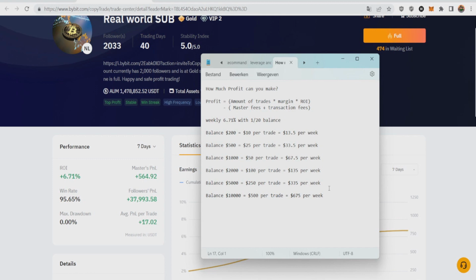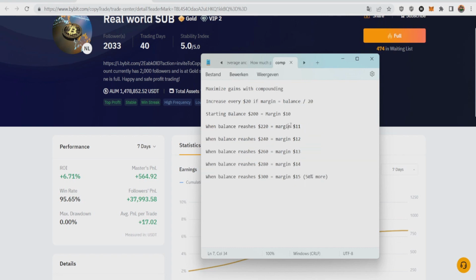So listen really carefully. The next step, of course, is how you can compound your profits to make more profits. The reason you need to compound is that a lot of people just follow a trader with 1/20 of their balance as margin and keep doing that for months and months, losing a lot of profit.